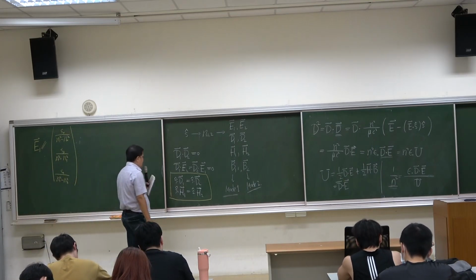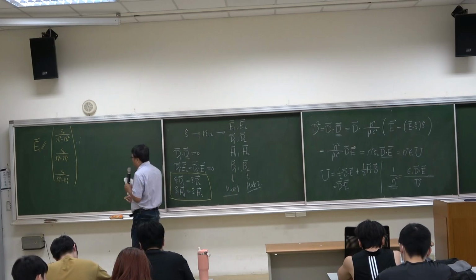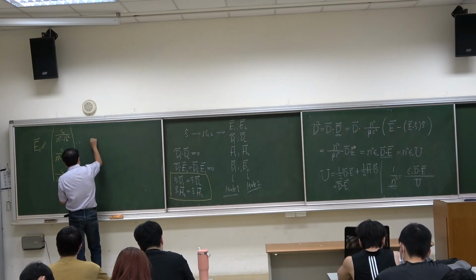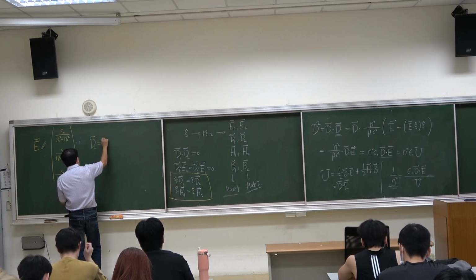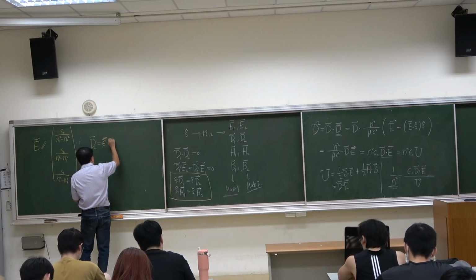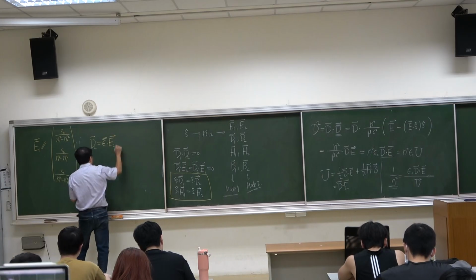And what is D2? D2 is the axial tensor times E2.